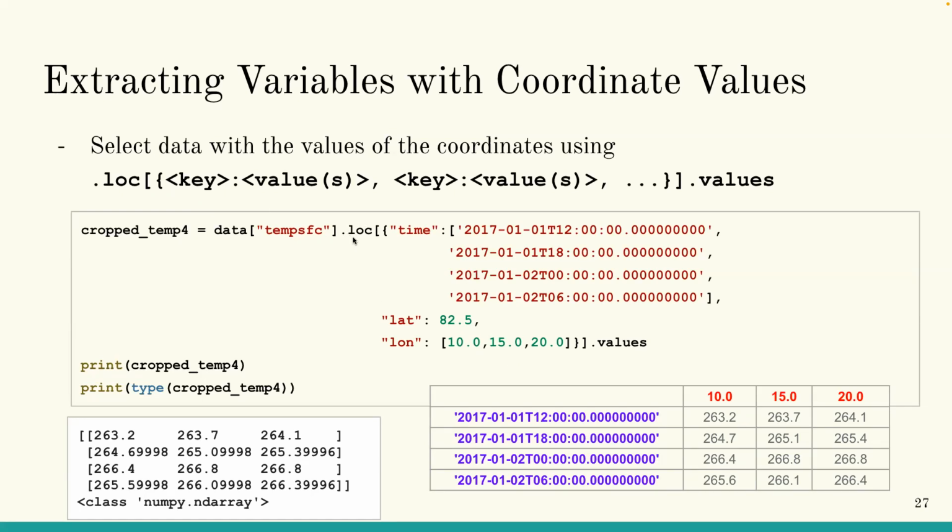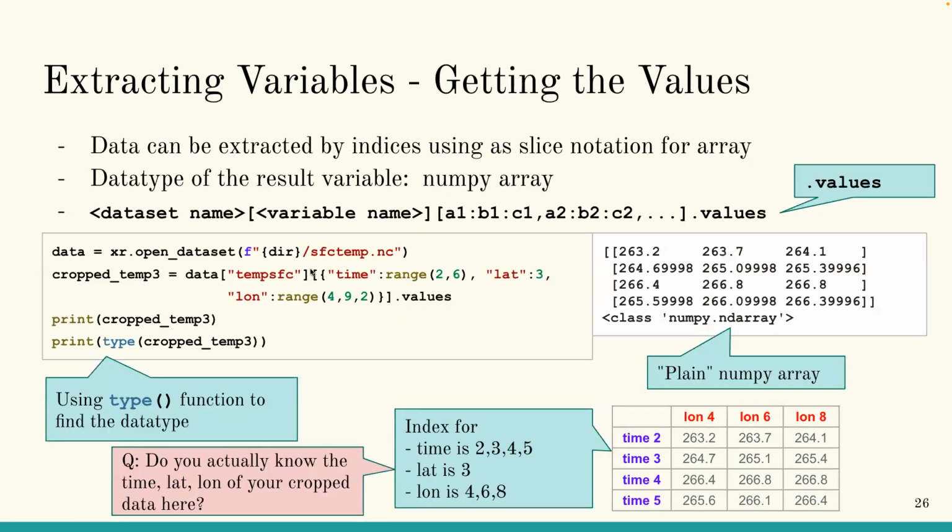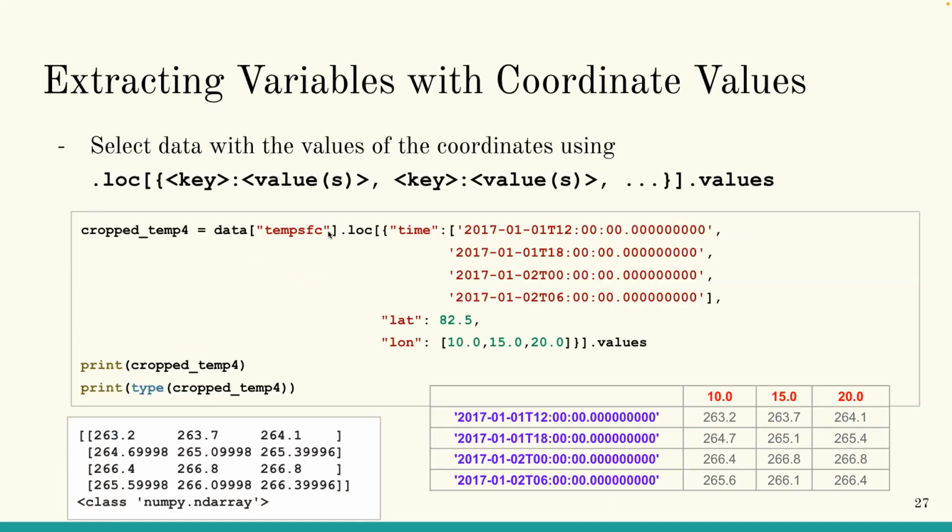You're using this .loc, square bracket, and then this curly bracket. So it's very important to use the brackets right, okay? Here it is also using square brackets and curly brackets. Remember that. But there's no .loc in here. So there's a .loc in between here, and then you can use the actual values, not the indices anymore.